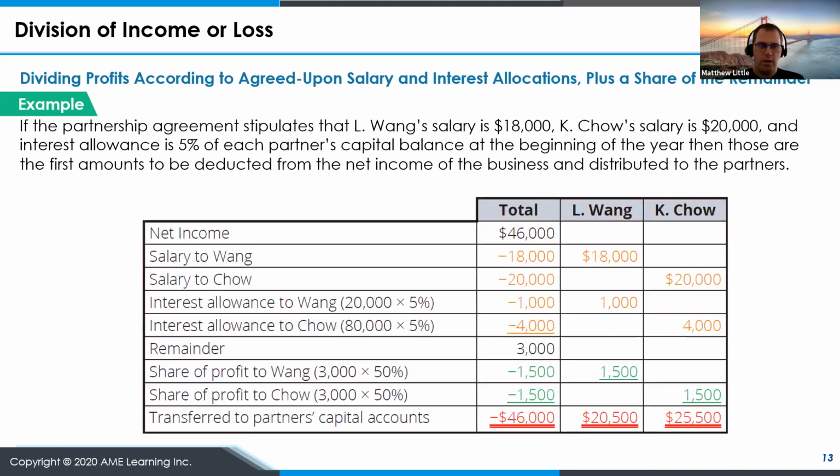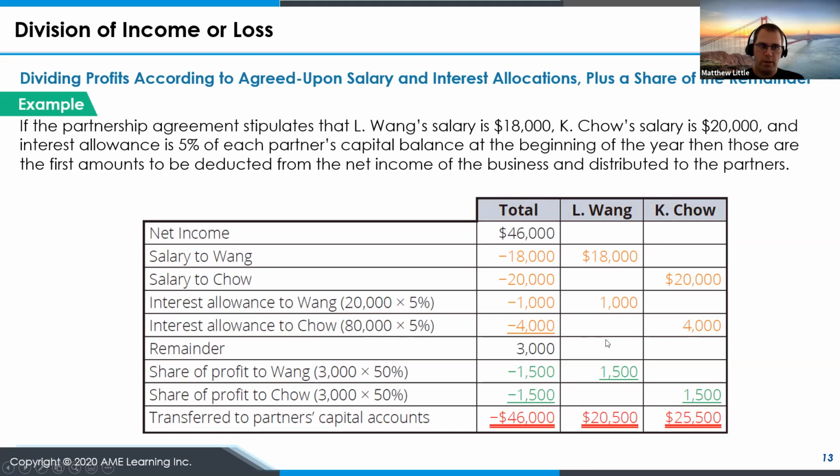So I've set up a table here that starts with the $46,000 in net income. We'll take out the two salaries, 18 to Wang, 20 to Chow. We'll look at the capital contribution, which we said was 20,000 from Wang and 80,000 from Chow initially. So a 5% interest allowance would provide Wang $1,000, 5% of 20,000.